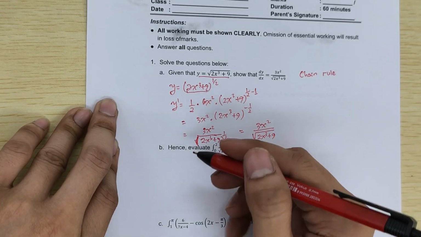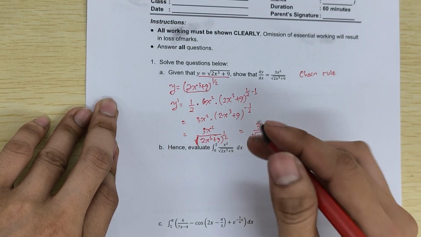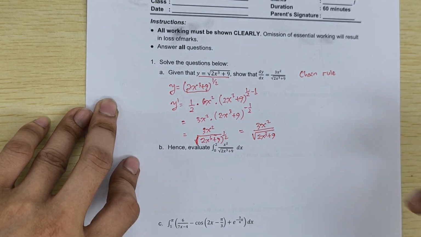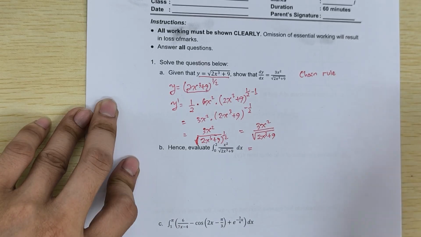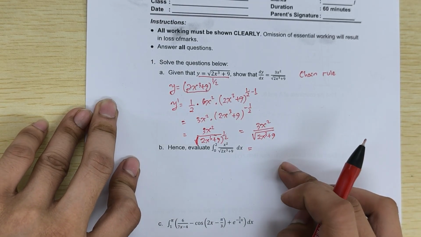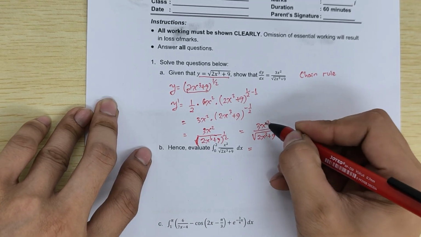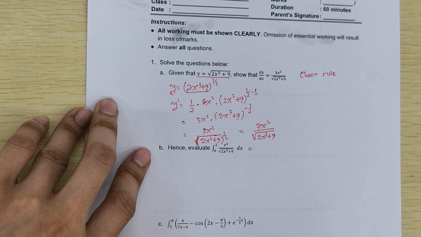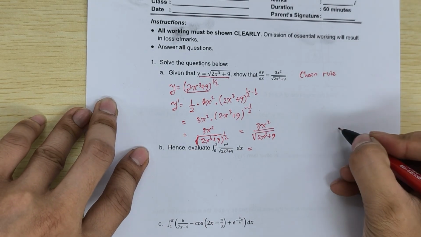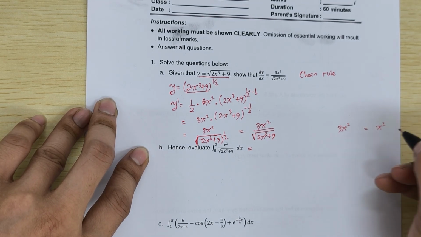Similar things. Hence evaluate the integration of x squared over the root of 2x cubed plus 9, with lower bound 0 and upper bound 2. Use the result in the previous part, in part A. You see here, we got 3x squared in the previous part and x squared in part B. So how to make 3x squared become x squared?